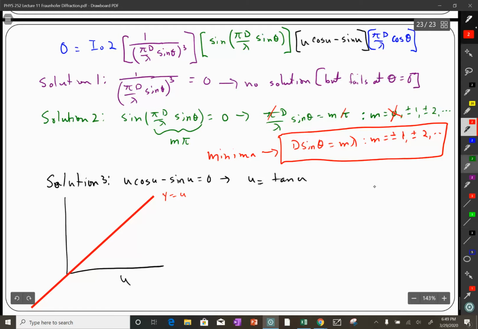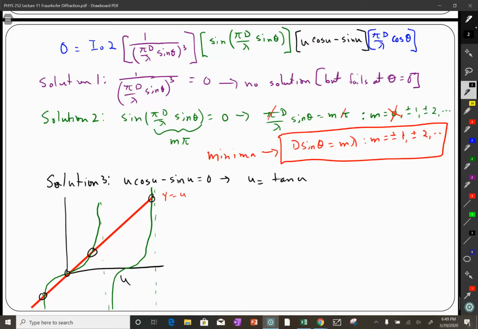And then I add on to this my graphs for a tangent of u, sorry about the sound effects, but it's the way my brain works. And you have all the tangent curves that go on there. Now, if we look, we have a crossing there, a crossing there, a crossing there, a crossing there. Those are all solutions. Now, how do I actually find these? I can do this, and I usually do it with a spreadsheet.